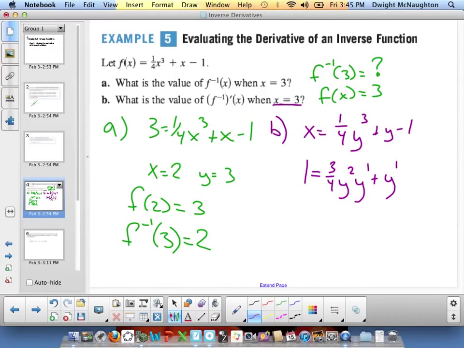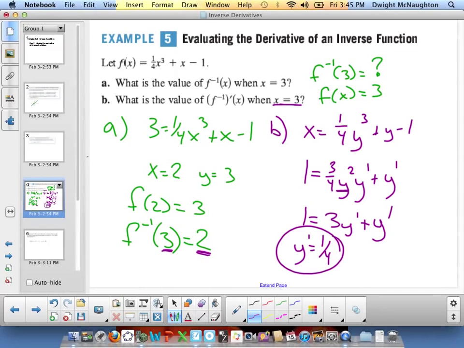We don't have any x's, but we need a y right here. And we can see when x is 3, y is 2. So I'm going to plug in 2 there. So we got 1 equals 3 times 2 squared is 4. 3/4 of 4 is 3y prime plus y prime. Solve for y prime. We got 4y prime equals 1. So y prime is 1/4.